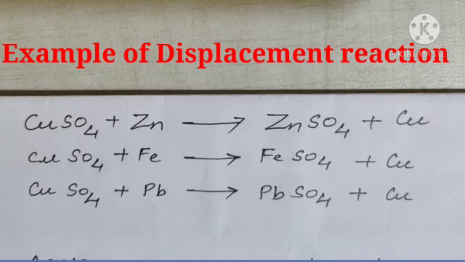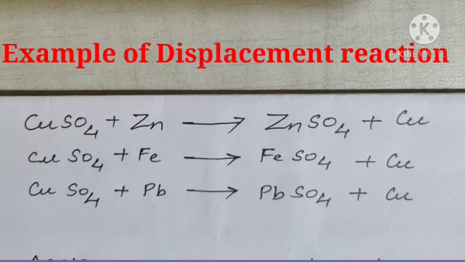In the third example, copper sulfate reacts with lead, and lead displaces the copper from its compound and forms lead sulfate. So in these reactions, zinc, iron and lead are more reactive compared to copper. That's why they displace the copper from its compound and form zinc sulfate, iron sulfate and lead sulfate respectively.